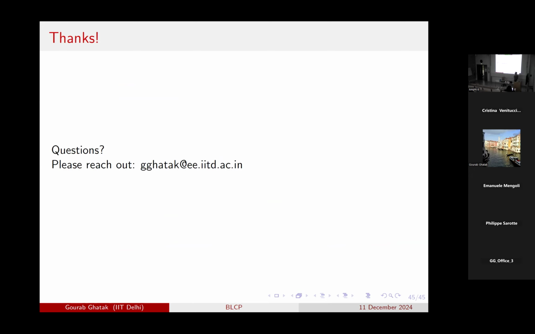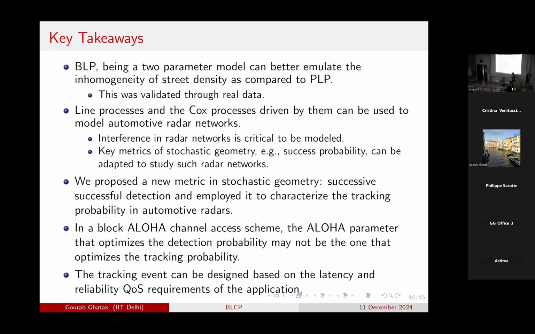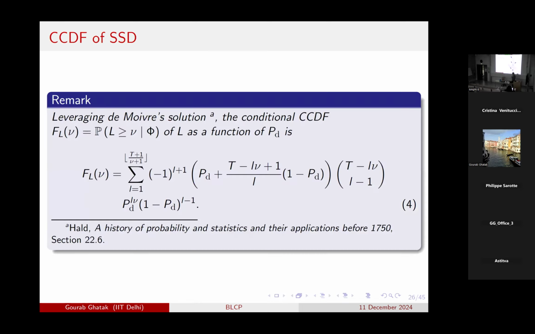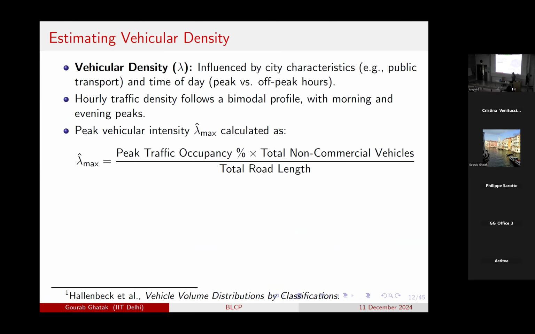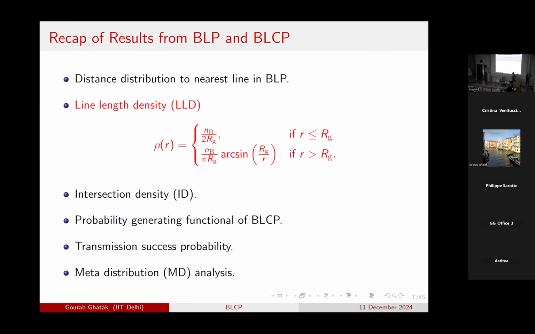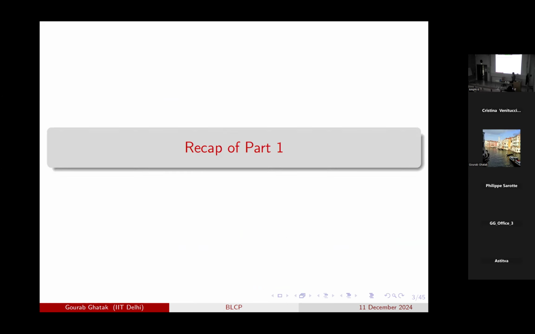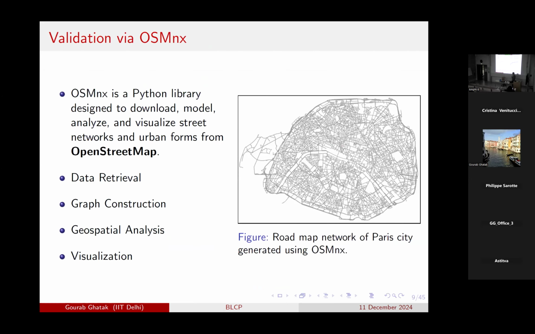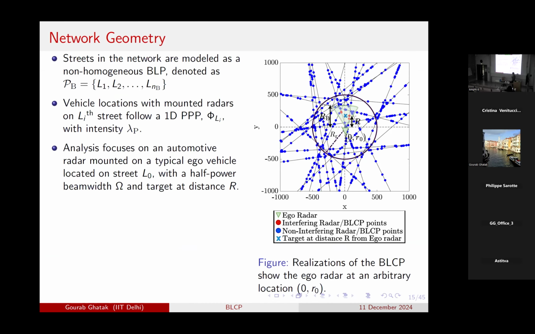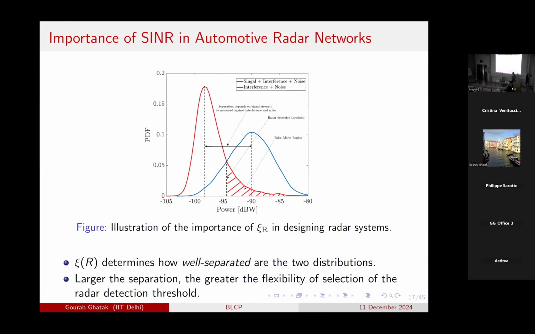Can you easily relate your new metric to misdetection? Yes. Once we characterize the SINR, the only thing that remains is where that boundary is put. So let me go to this one. How many times?